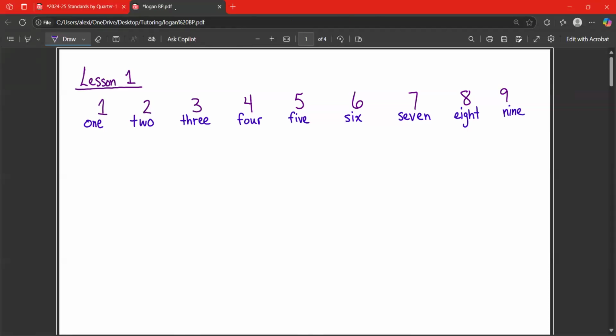Now notice I wrote mine all on one line. If you can't fit it, don't force it. You can use multiple lines, okay? But if you can, good, very good.